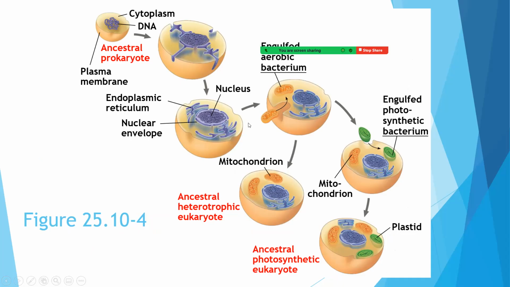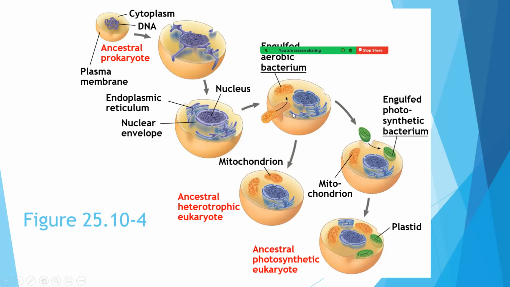And then what we saw was that these precursor eukaryotic cells engulfed these aerobic, remember, bacterial cells that are able to perform cellular respiration aerobically, meaning they're using oxygen. They took those up. Some of these continued to evolve and became our ancestral heterotrophic eukaryotes. Heterotroph meaning getting energy sources from somewhere else. So those would go on to become animal cells.